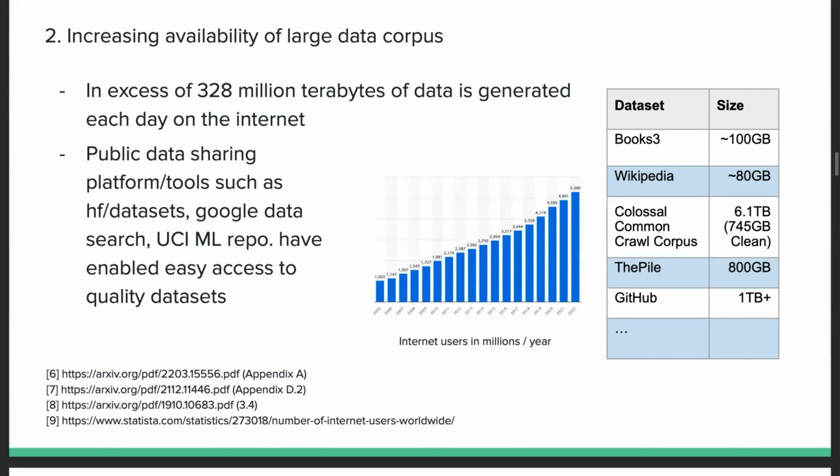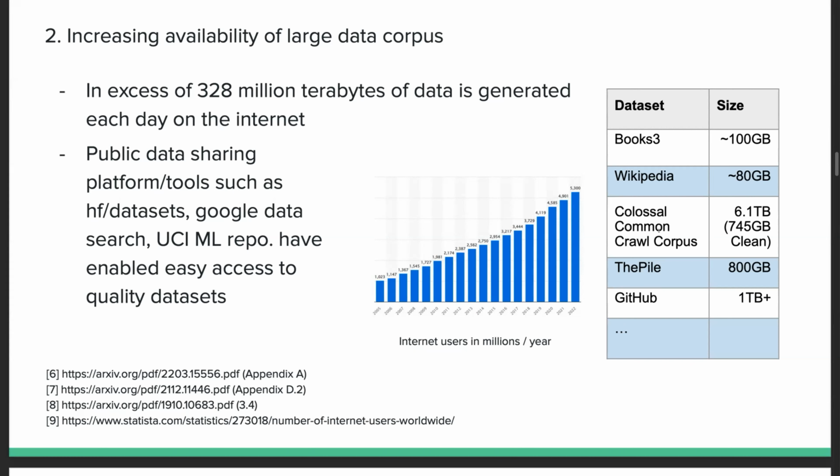Additionally, there's also the availability of open source tools or platforms, whatever you might call them, that enable easy sharing of data, right? So you have Hugging Face datasets, which provides easy access to a plethora of data sets.